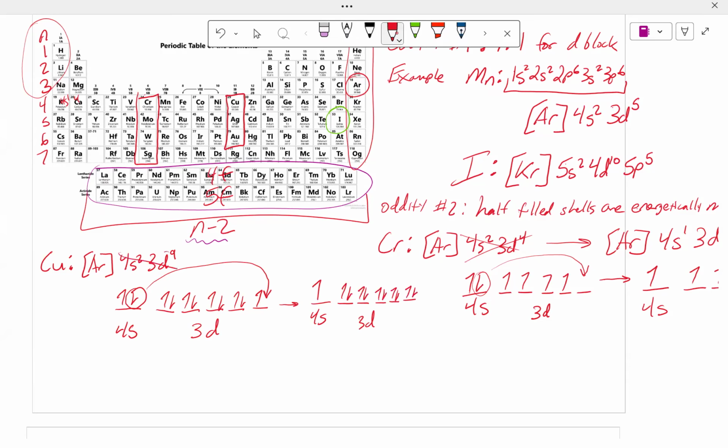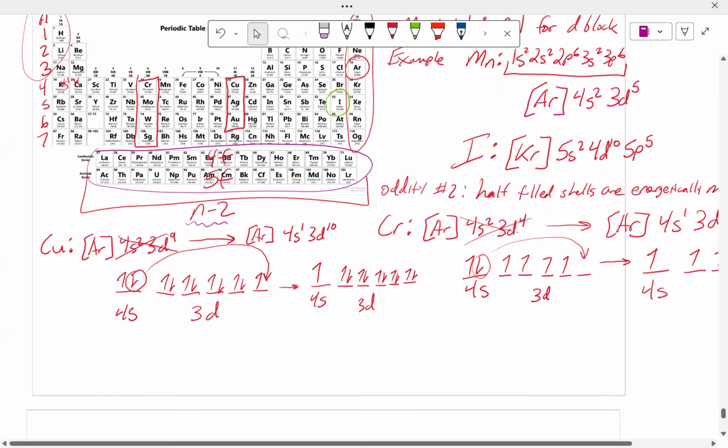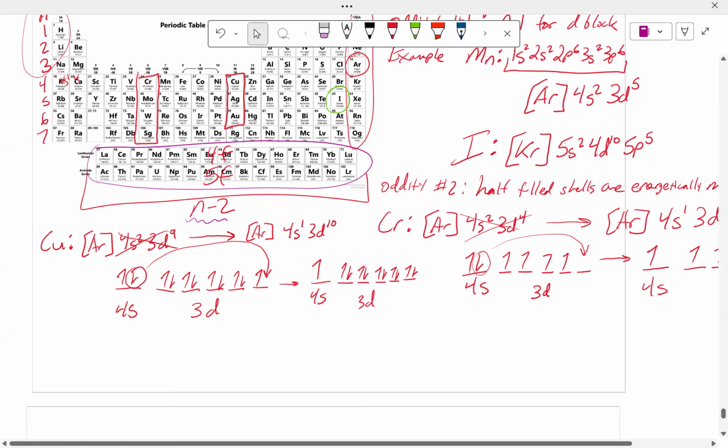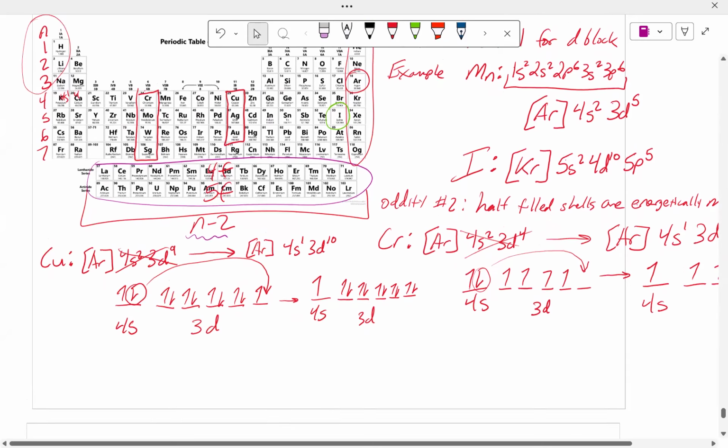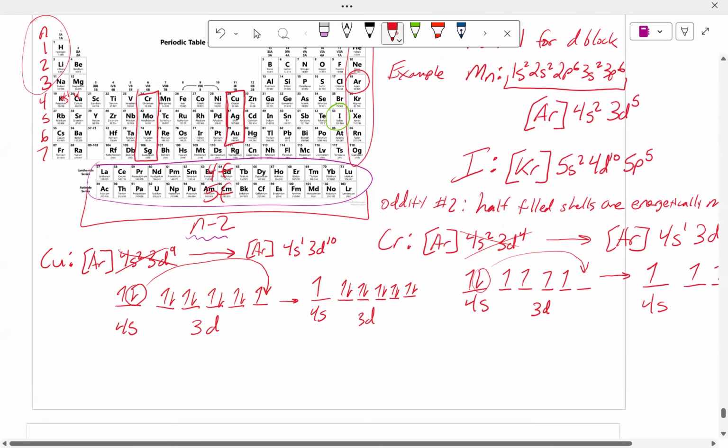So the correct electron configuration for copper is 4s1, 3d10. And again, I want to highlight, you're going to see that with this column, copper, silver, and gold.